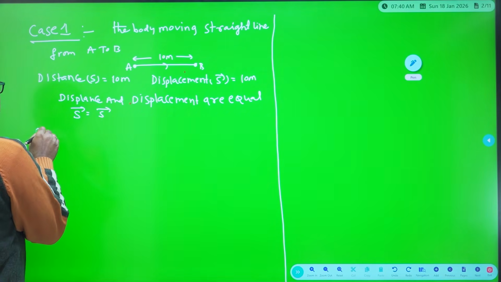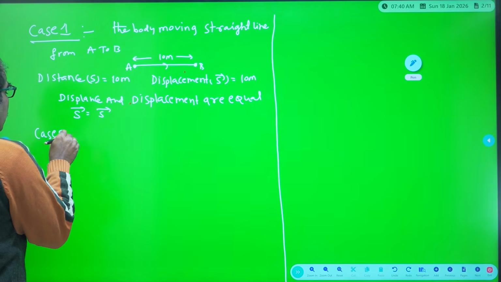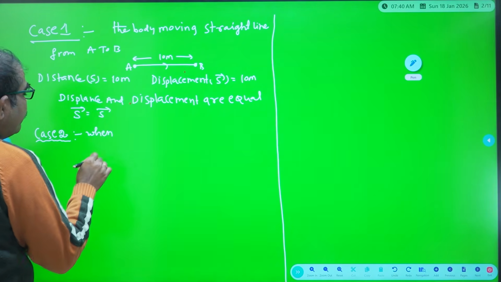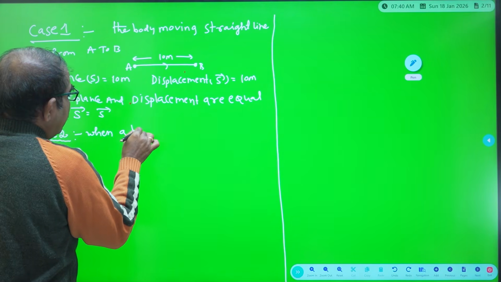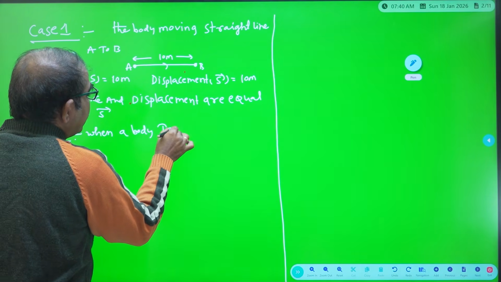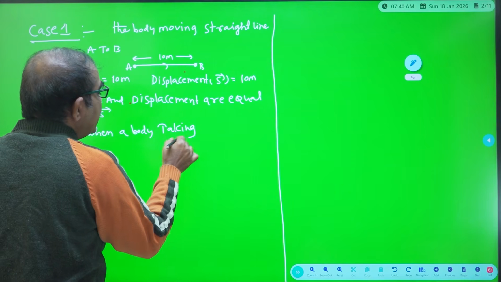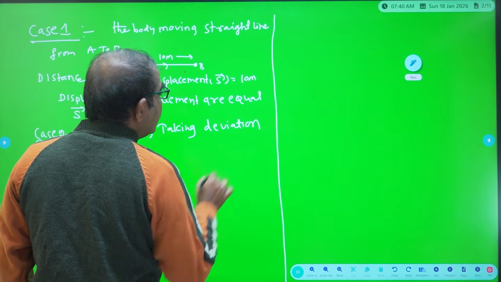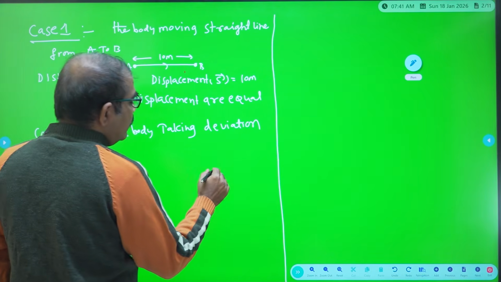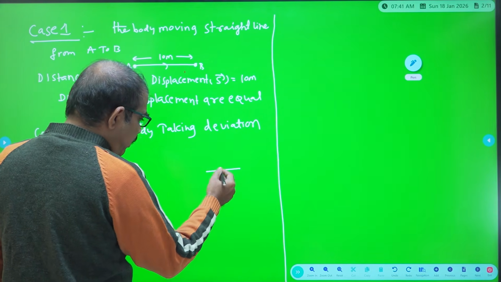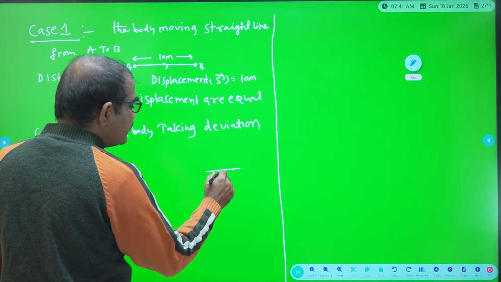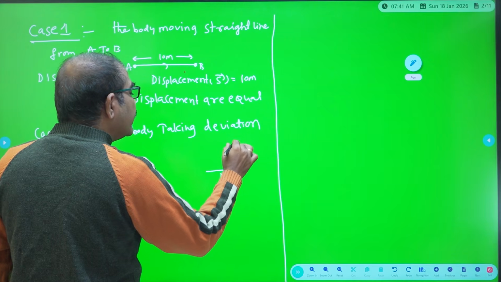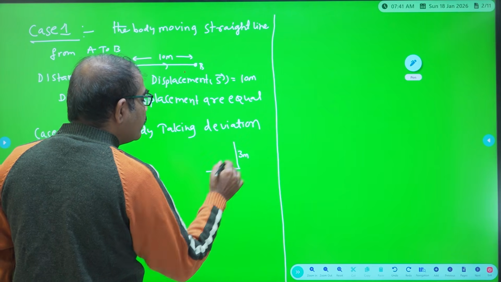Case 2. When a body is taking deviation, for example, this is a body moving along x-axis 4 meter, then along y-axis 3 meter.